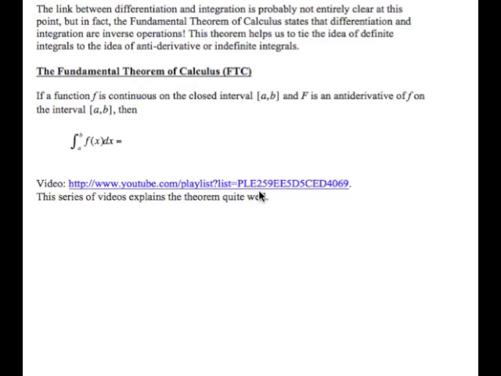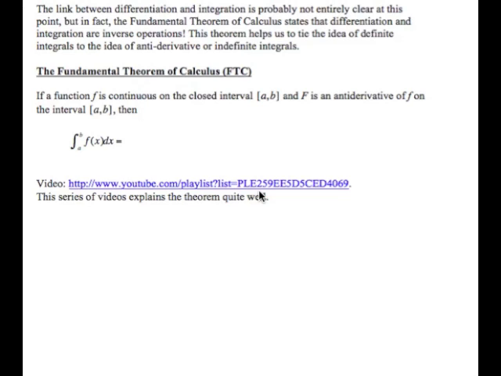The last thing I want to expose you to is the fundamental theorem of calculus. We're not going to go into a great amount of detail here, but it's the formal statement that actually says that differentiation and integration are opposites. So if you take the derivative and then undo your work, what you're actually doing is integration, and that does tie back to the area under the curve.